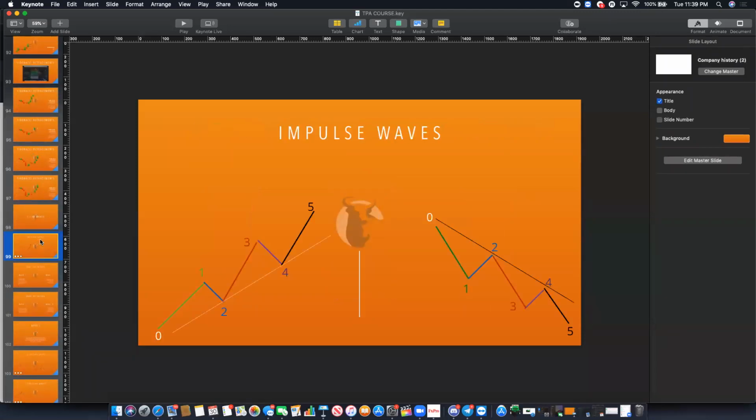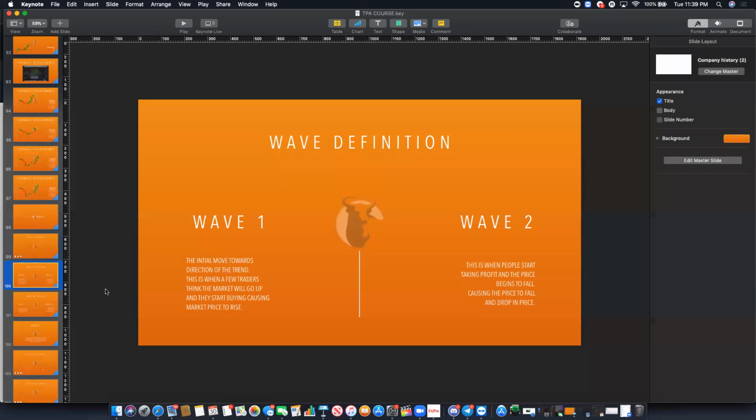And here we go. So let's say the market's going on an uptrend, right? And as the market is going on an uptrend, the first move towards the upside, that will be called wave number one. So if you guys ever hear me call out a trade and I say, okay, this is the first wave, what I mean by that is this is the initial move towards that direction.